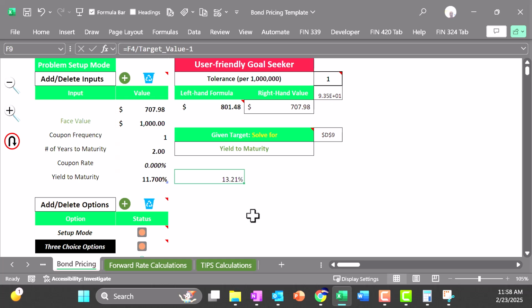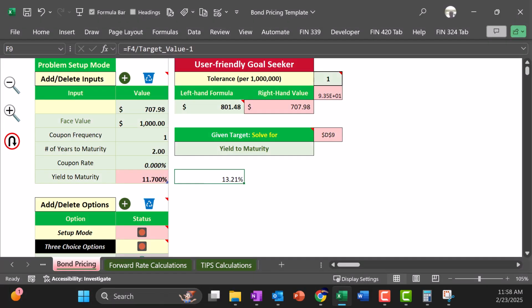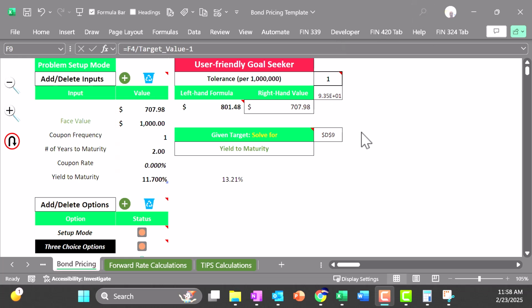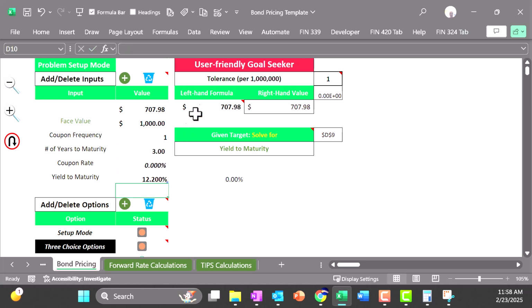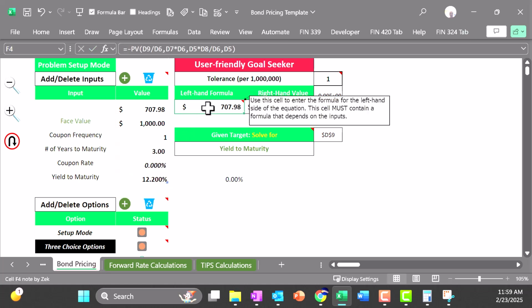Oh, I made a small error. Let's go back. 3-year bond, 12.2. Okay, that's the price.